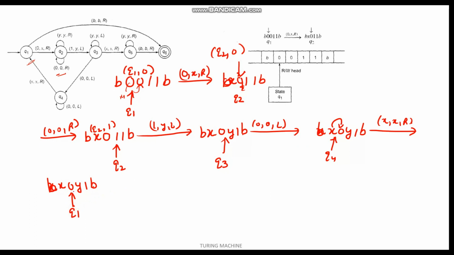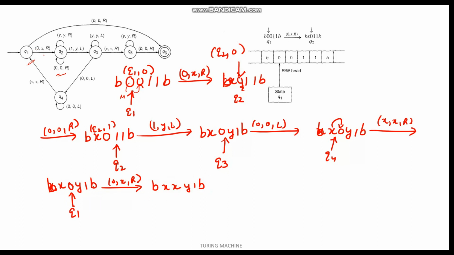Now it means q1 is pointing towards 0. So when q1 is given input 0, what we get? We get 0 x r. So the transition function for this case is 0 comma x comma r. It means the 0 which is being pointed by the current state q1 is to be replaced with x. So my string will become b x x y 1 b. And what is the state when q1 is given 0?